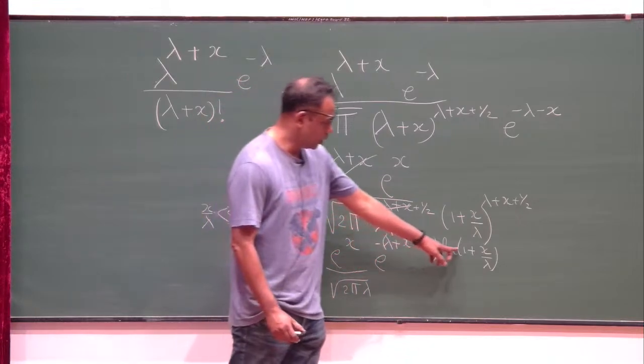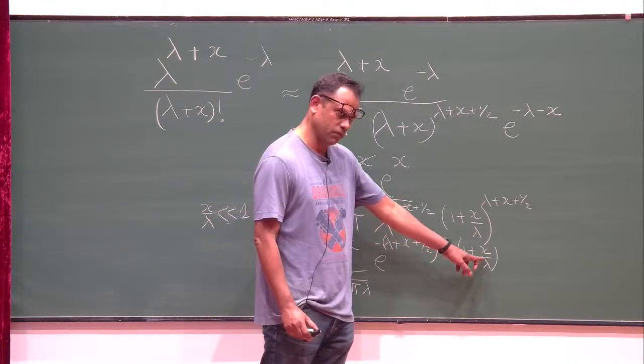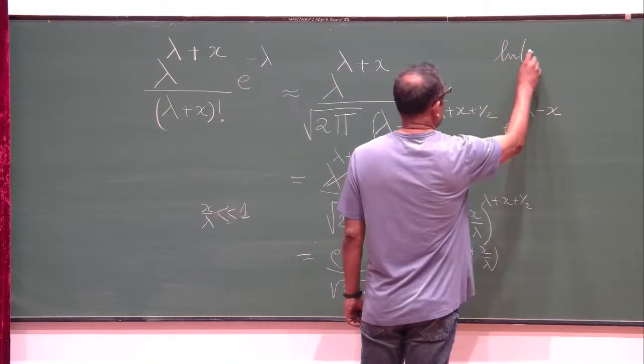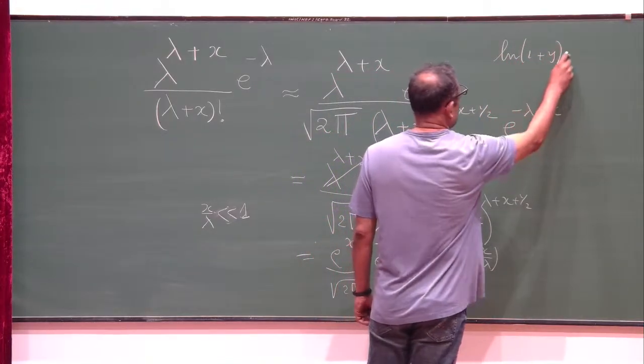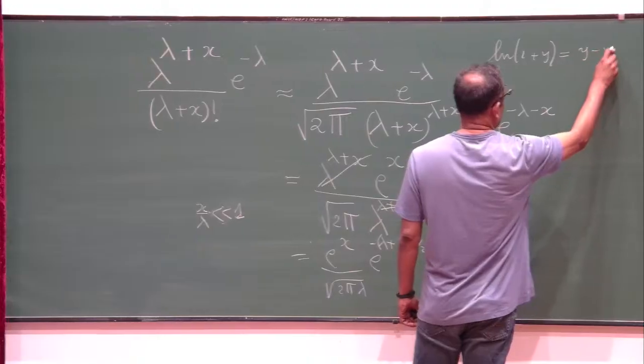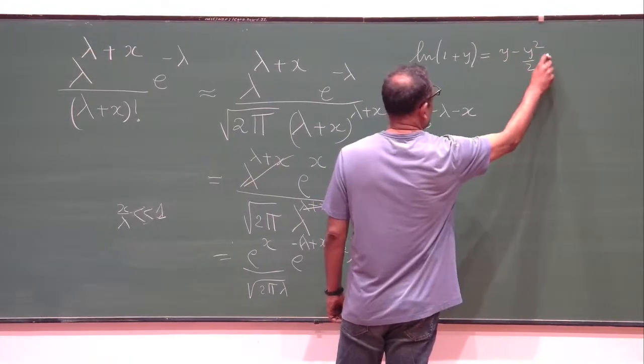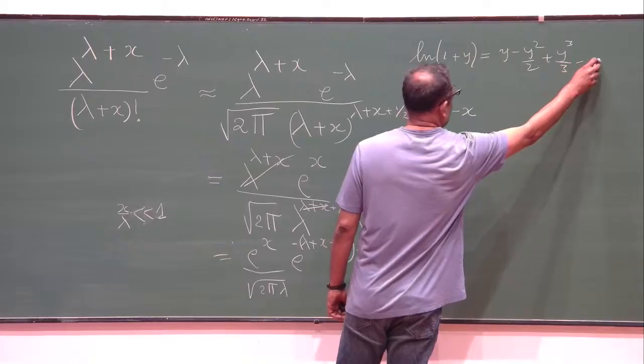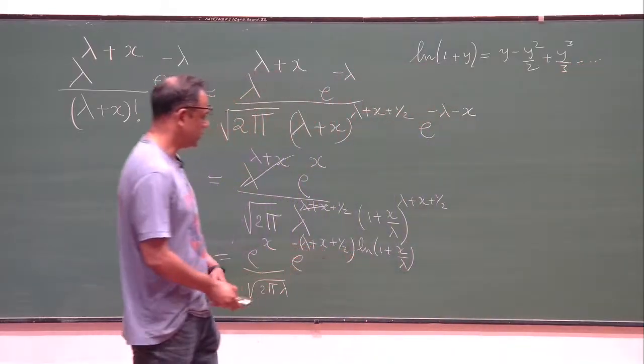Now, log of 1 plus y, where y is small. The expansion is log of 1 plus y equals y minus y squared by 2. This is the Taylor expansion of this kind. We just apply this here.